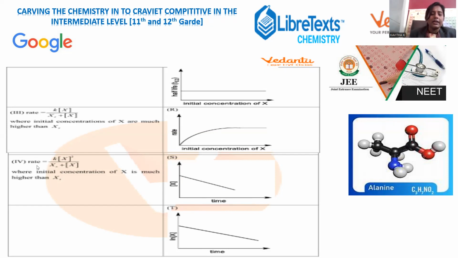And one more, rate is equal to k into x to the power 2, right? X to the power 2, and where the initial concentration of x is much higher than x dot. Initial concentration in both the cases is much higher only, so that almost the graph remains the same. But the only difference is here x is taken as the square. X taken as the square means what?